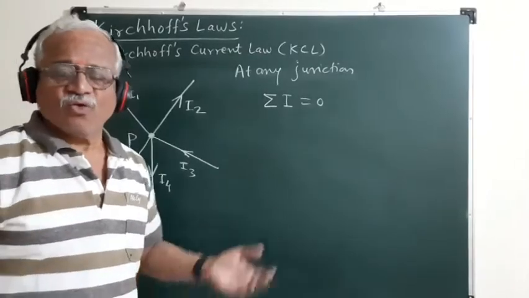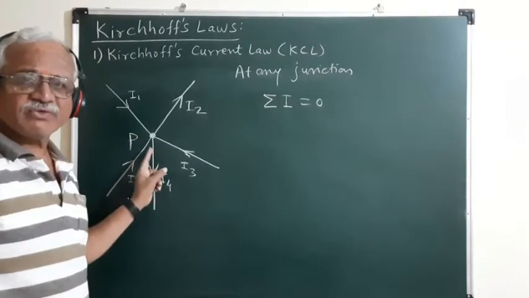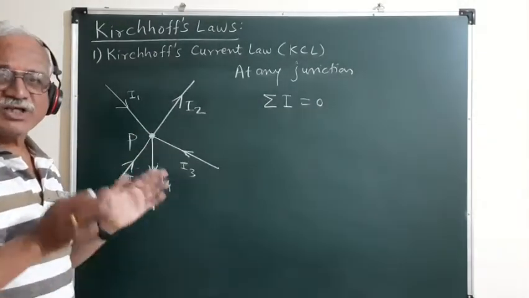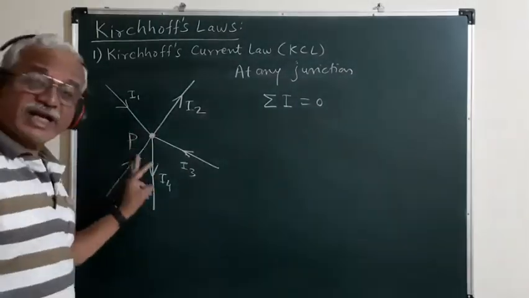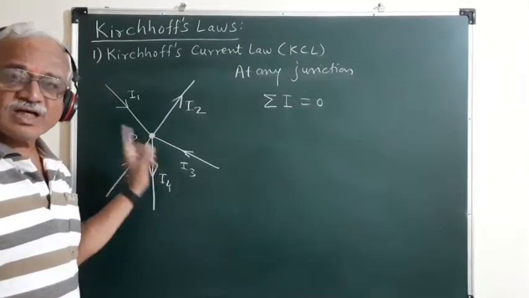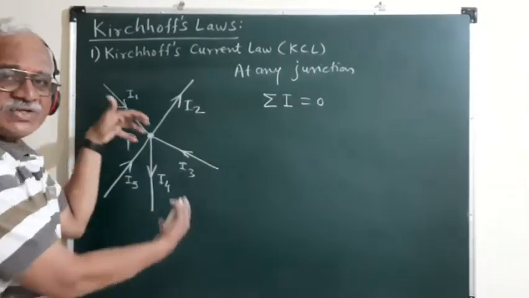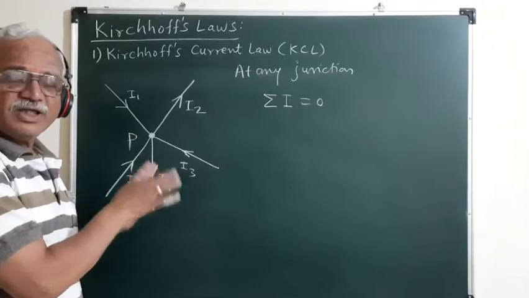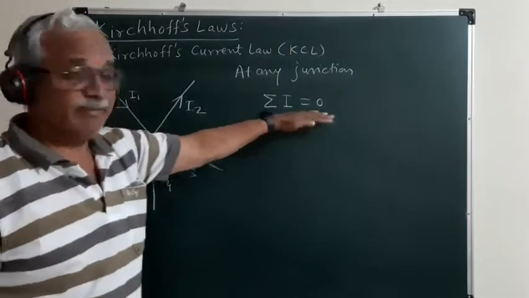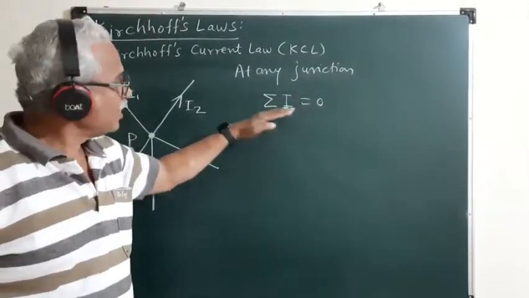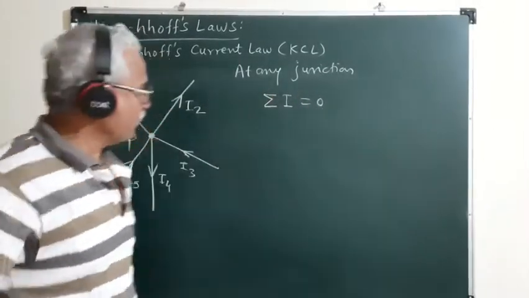It means that whatever current arrives at a junction in the given network, the same amount of current leaves away from that junction. Neither is current generated at the junction P nor is it dissipated at the junction P. Whatever current arrives at the junction P, all that current leaves through other branches away from the junction P. That is the meaning of Kirchhoff's current law: the algebraic sum of the currents at any junction is equal to 0.